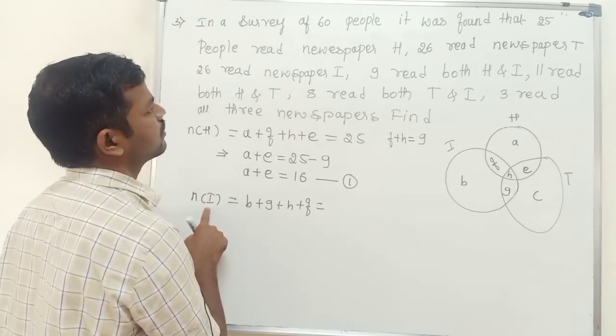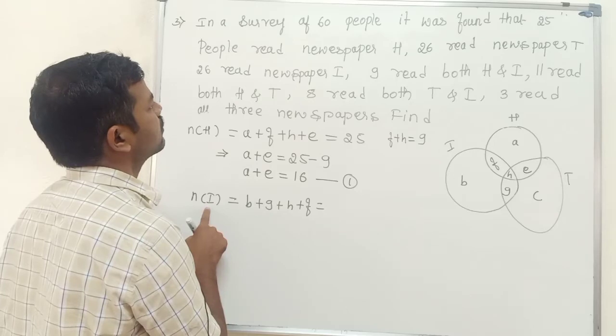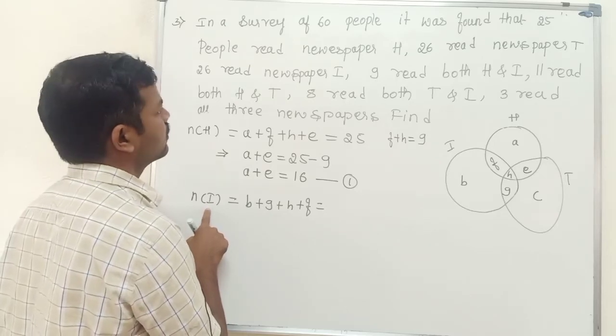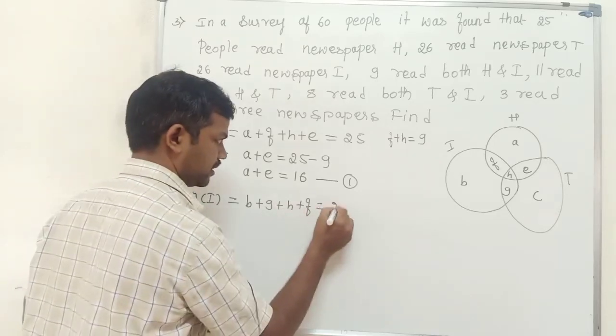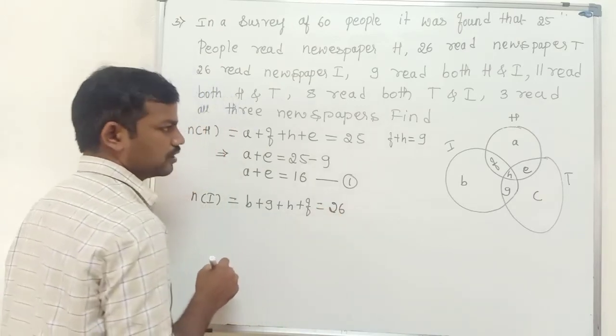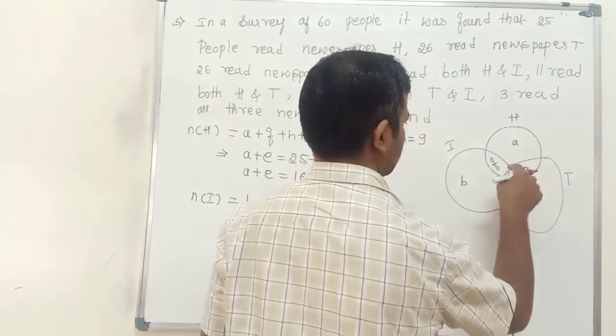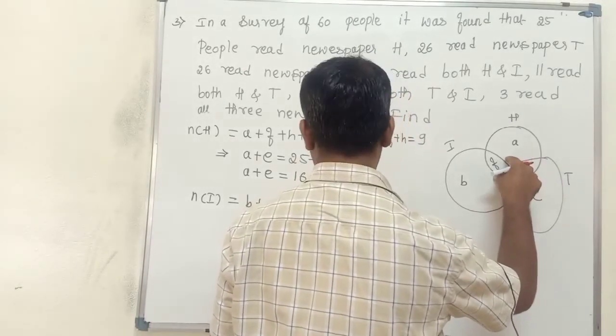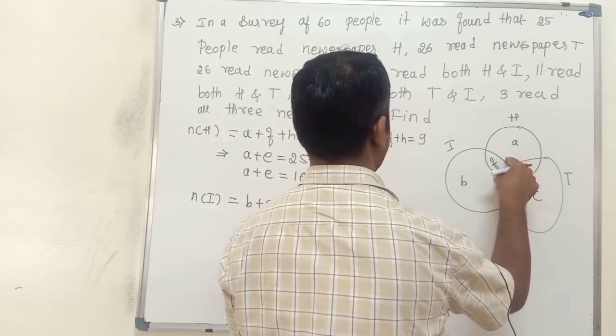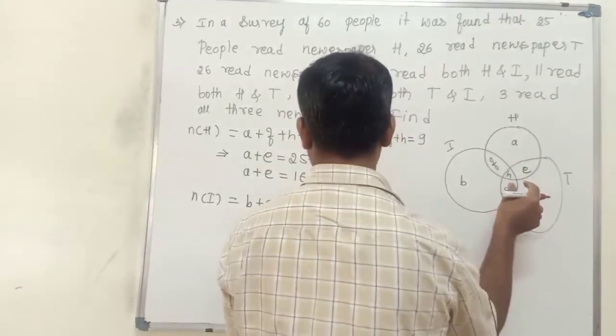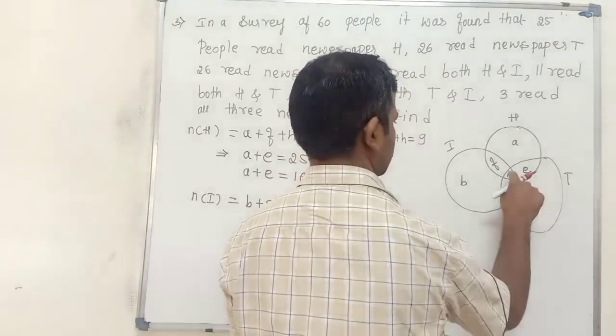That is 26. And here, f and h, already they have given 9, and you can use g and h.